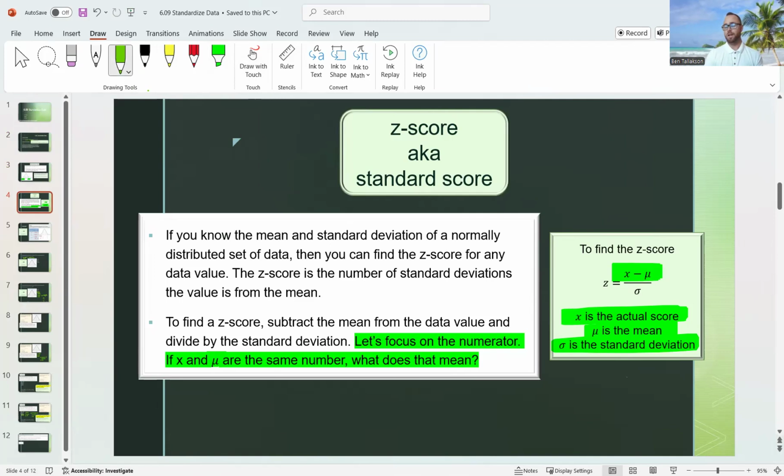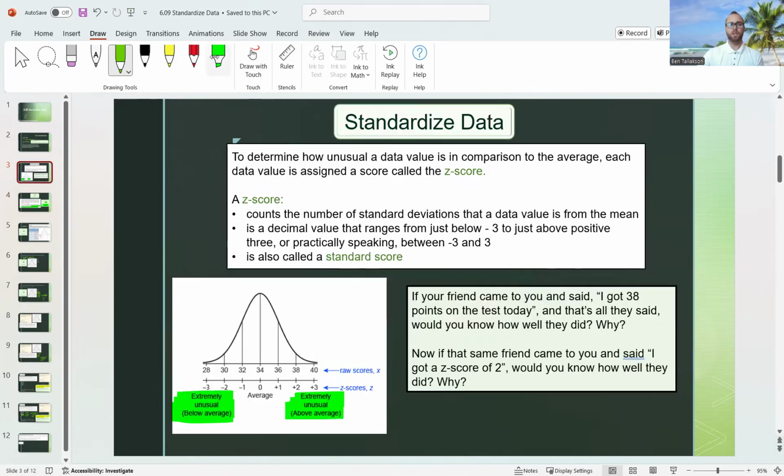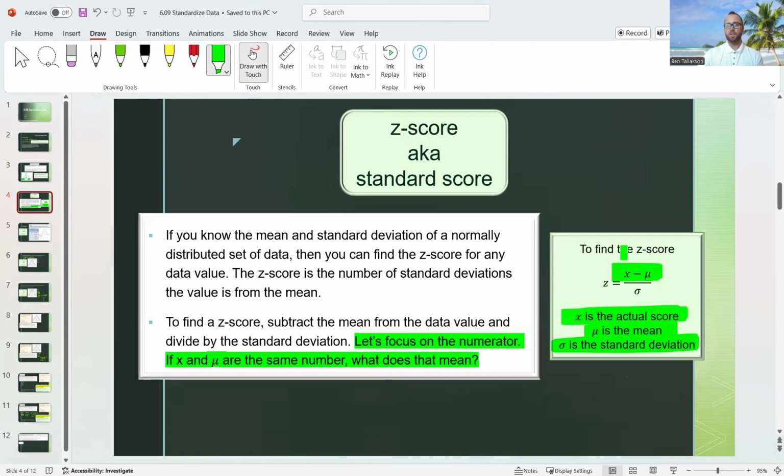If those are the same value, what's going to happen? Well, the numerator will become 0, making the entire fraction 0. So that means you scored perfectly average, right in the middle, z-score of 0. Which makes sense, right? If your score is the same as the mean, that's what happens.